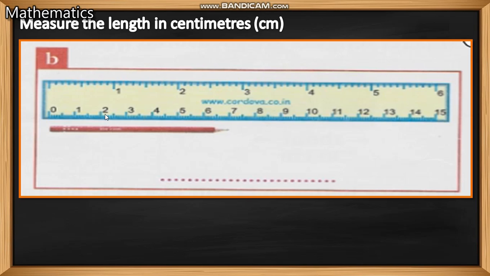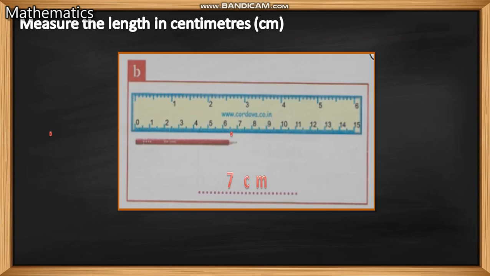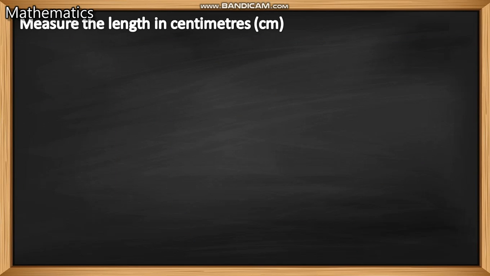We place the ruler near that pencil, with 0 at one end. Then this is the second end. Where is that point? It is at 7. 0 to 7, so the length of this pencil is 7 centimeters. Ready? Measure such pencils using your ruler.